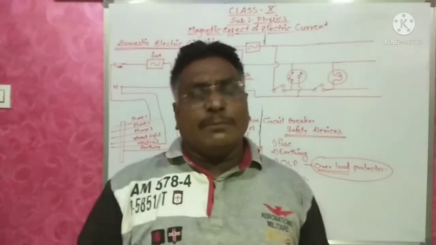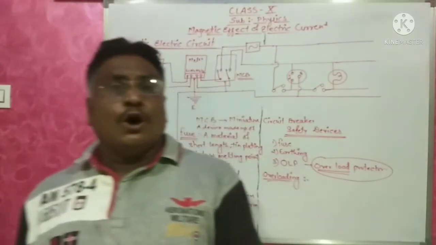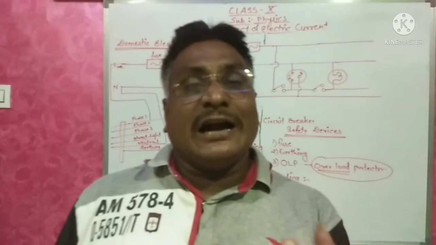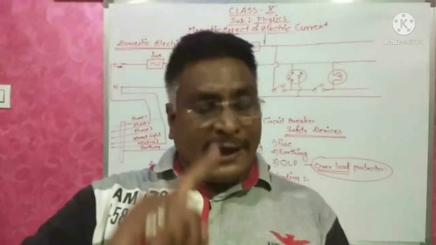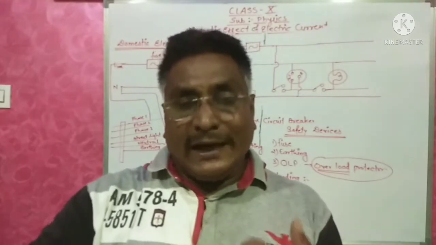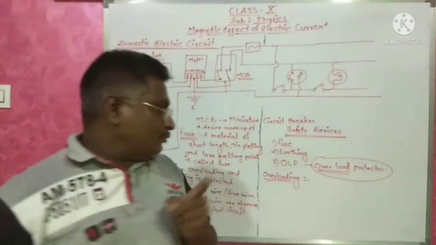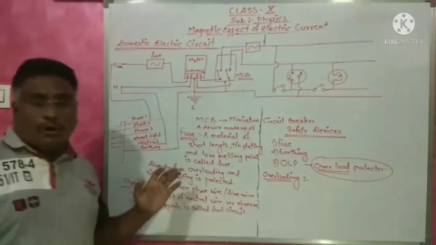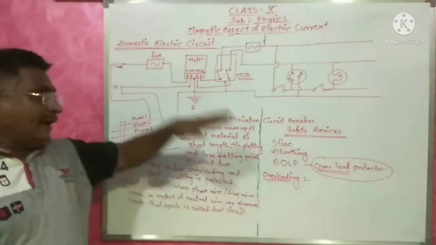And due to a large amount of current flowing in the circuit, that circuit becomes hot, and due to heat, it will start melting. And when it melts, the live wire and neutral wire come in contact. Due to that, short circuit will happen and the whole house will get burned.